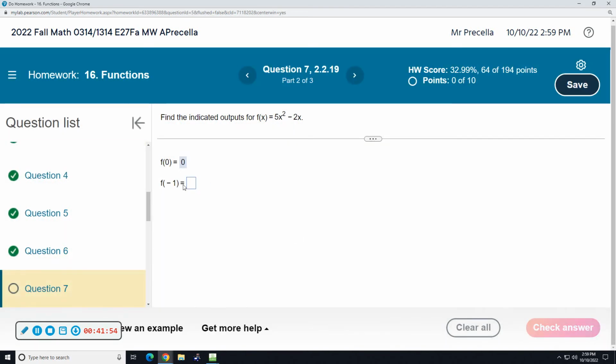f of negative 1. We're still using that same function. We're still on number 7.